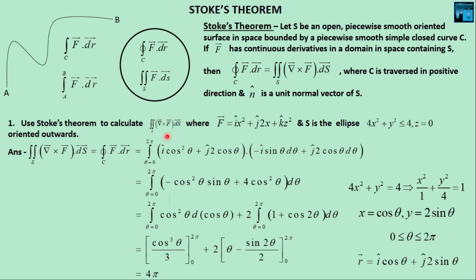If you are not aware of Stokes' theorem, then you will proceed in the general form. See, this is the whole surface form actually, 4x square plus y square. So all the 4 quadrants, or say 4 octants actually, are involved here.